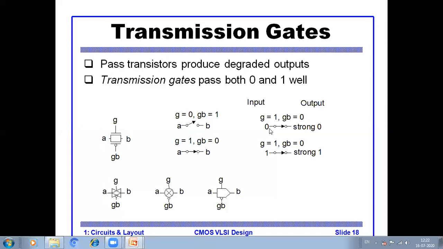When you apply G equal to 1, obviously the complement signal, G bar, is equal to 0, and for this condition, if I apply a 0 or a 1 as the input, it will pass a strong 0 and a strong 1. So that's why transmission gates are preferred over the pass transistors in the VLSI chip.